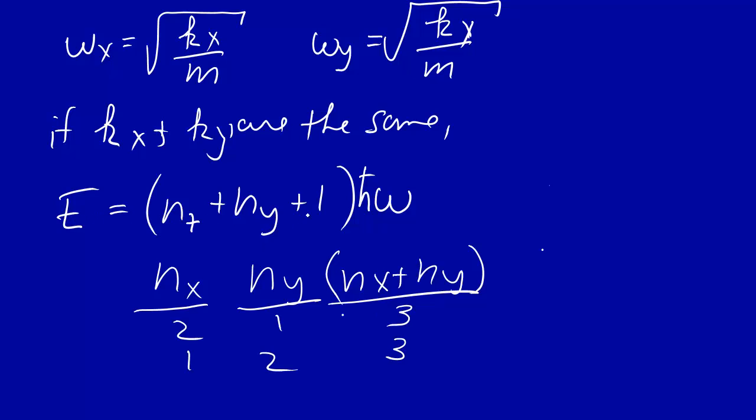So the energy here will be 4 h bar omega with 2 different combinations of quantum numbers. So this implies that this is degenerate. With different spring constants, we would have no planned degeneracy, although there might be some accidental degeneracy. But when the force constants are the same, then we have degeneracy. So the degeneracy would increase if the force constants were the same.